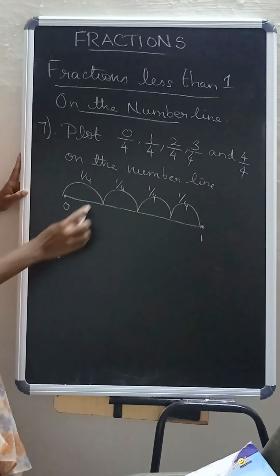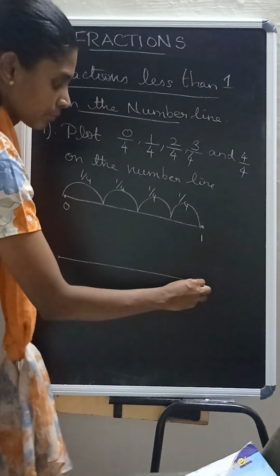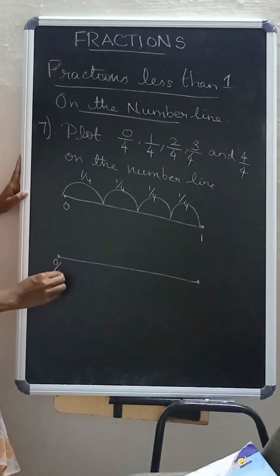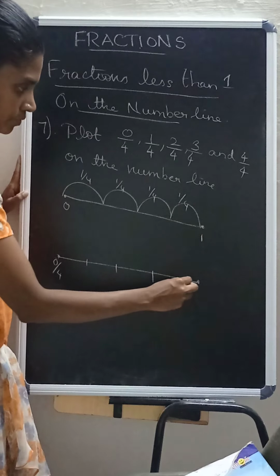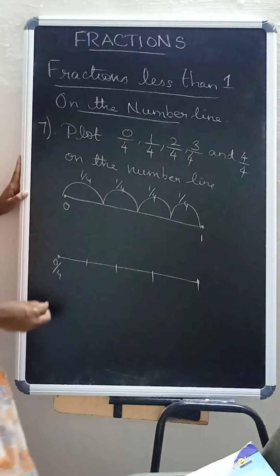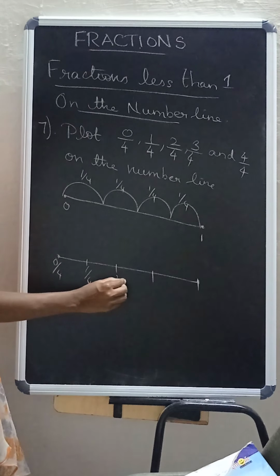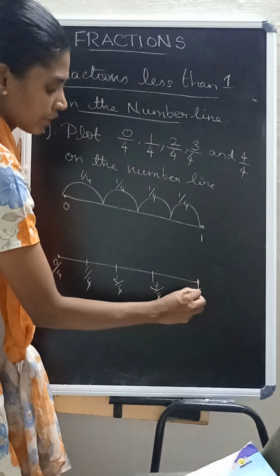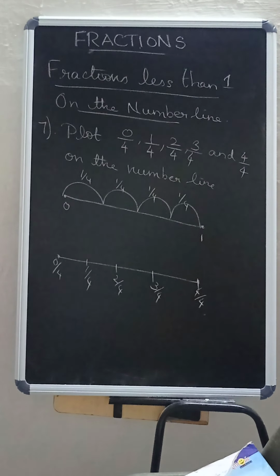Now representing these fractions on the number line. 0 by 4. So now here 1 by 4, 2 by 4, 3 by 4 and 4 by 4 on the number line.